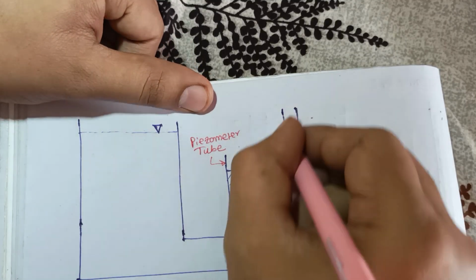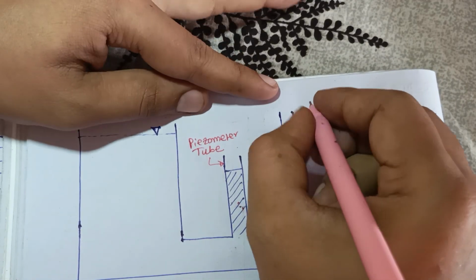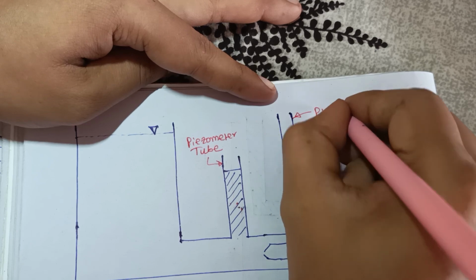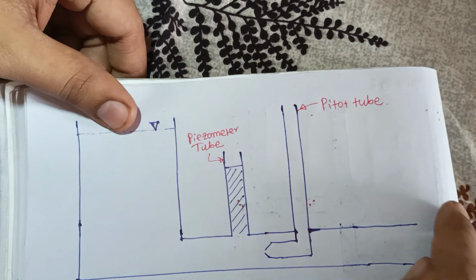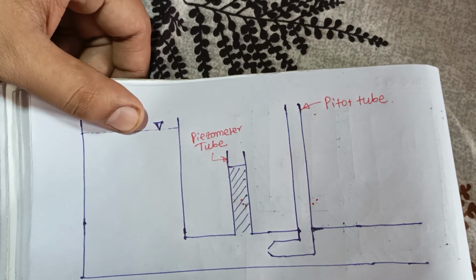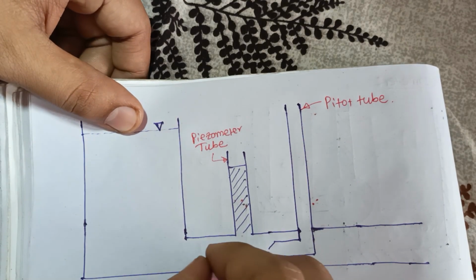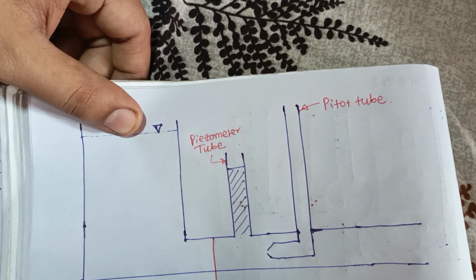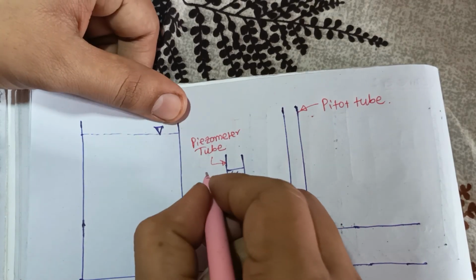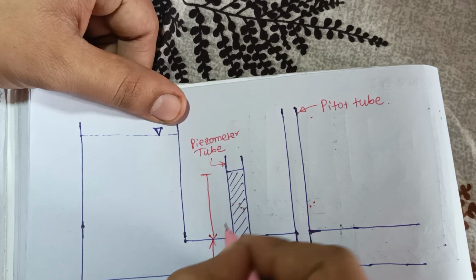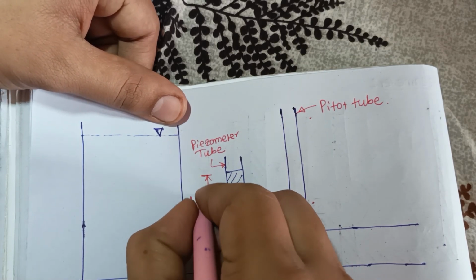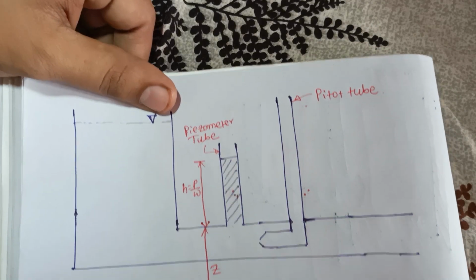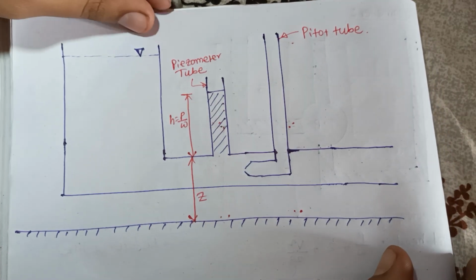And here this is the pitot tube. Here for the piezometer, from here to here the height is z, and from here to here the height is h, that is equal to p by omega.